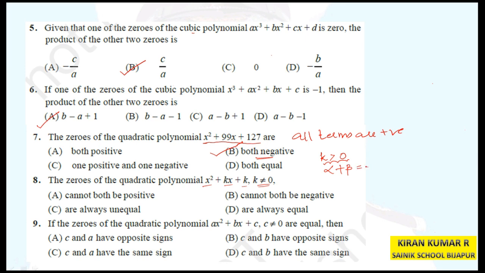It is minus b by a. In this case, b value is k, so minus k by a, value of a is 1, so it is minus k. We have the negative value. What about the product? Product is c by a, which is k by 1, a positive value.